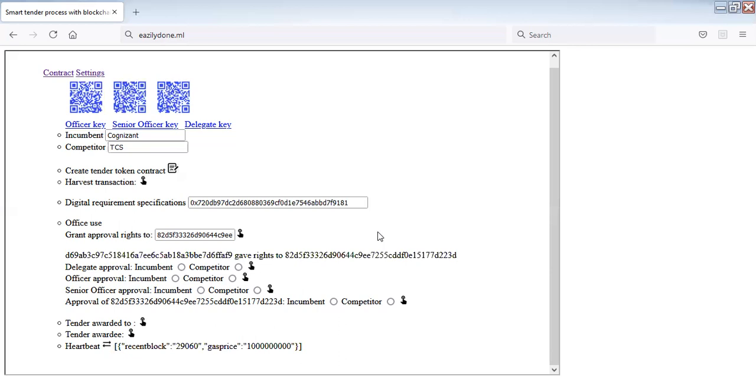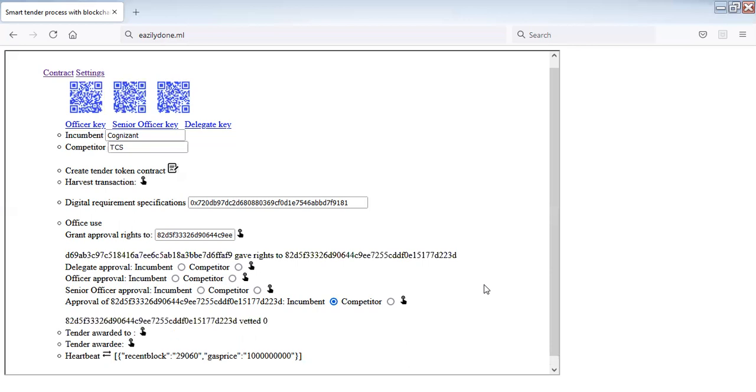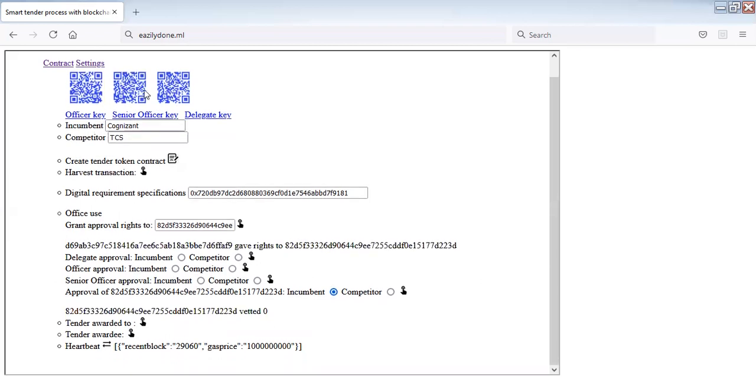So the rights have been given to an officer who can then provide their choice of supplier based on their individual understanding of the submissions given by the suppliers, and their choice will be recorded and counted in the final tendering process.